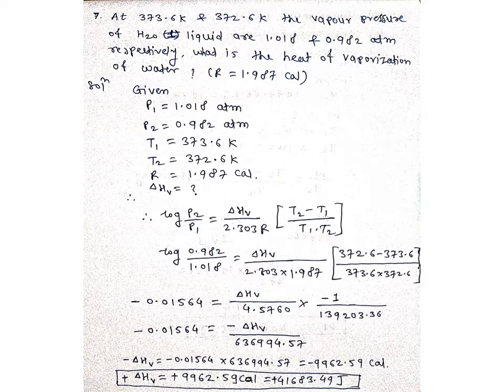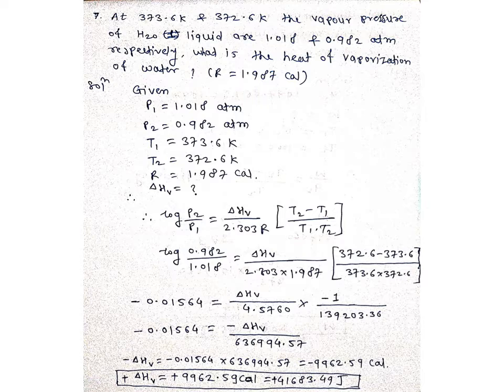In this example, first one has to convert this 27 degrees Celsius into Kelvin and this 127 degrees Celsius into Kelvin. That is 27 degrees Celsius, which is equal to 27 plus 273 Kelvin. You will get the answer, that is 300 Kelvin. And for T2, that is 127 degrees Celsius, which is equal to 400 Kelvin.